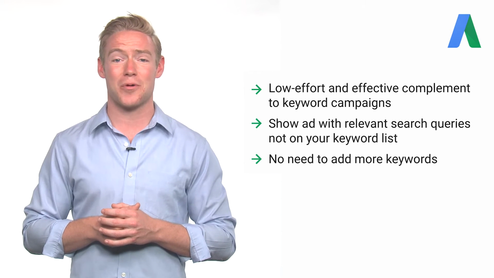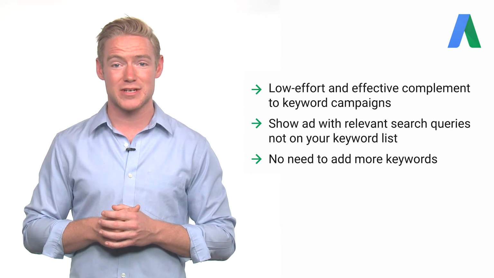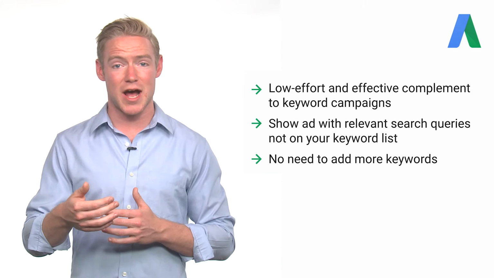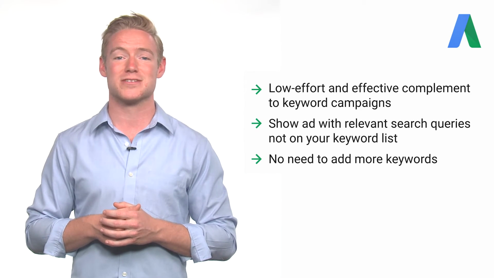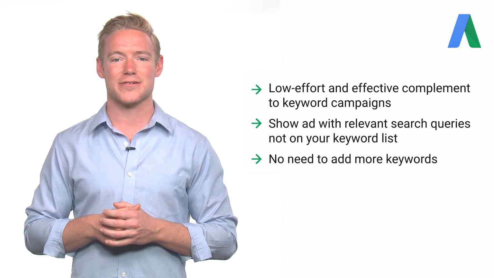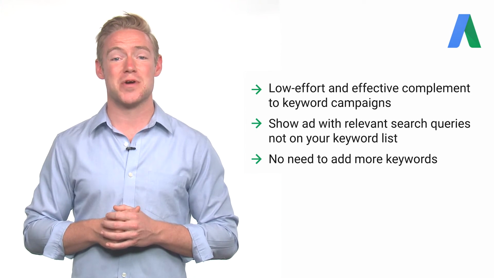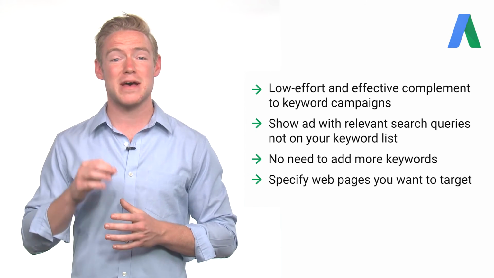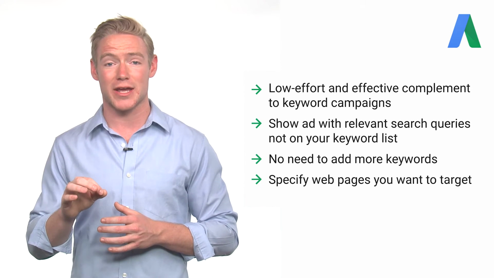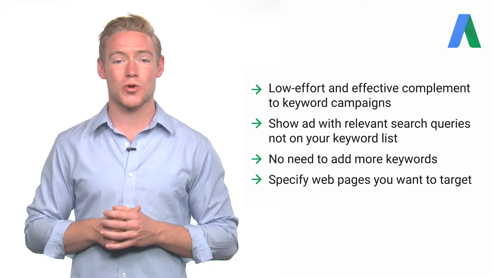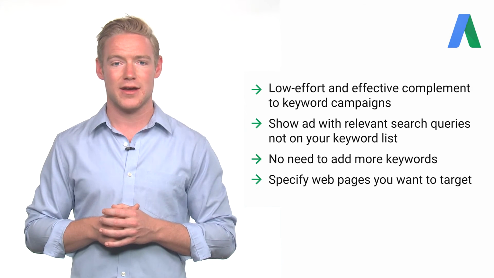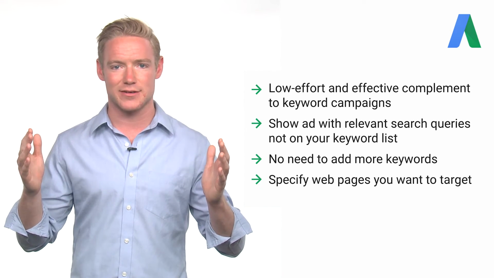This is particularly important because as potential customers continue to research and comparison shop, they also begin to search for more specific long-tail keywords that you may not have in your AdWords account. To increase your ad's relevancy even more, you can specify the web pages that you want to target using dynamic ad targets. This lets you limit your targeting to web pages with specific products instead of targeting your entire site.